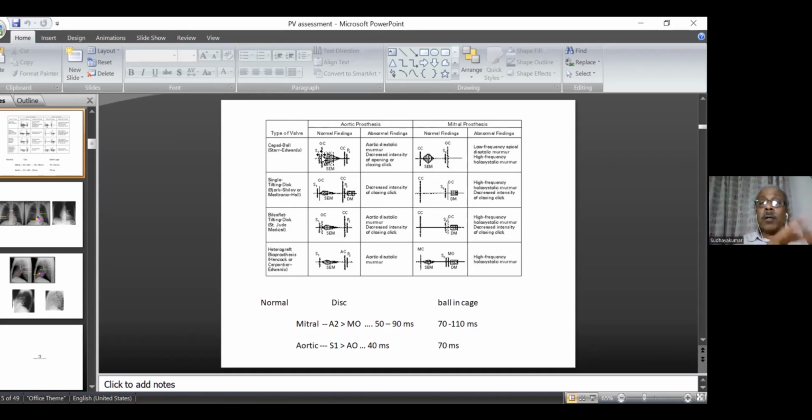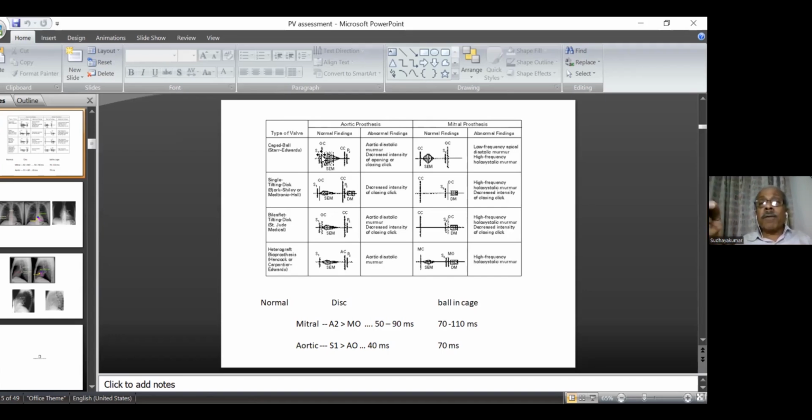In the aortic position, all the prosthetic valves will have ejection systolic murmurs because of the high velocity flow. Whereas in the mitral position, the disc valves do not produce systolic murmurs, may have a short MDM, very short MDM without pre-systolic components. That's the most important thing. If you get a mid-diastolic murmur over the mitral area in a prosthetic valve, see what the pre-systole is like.